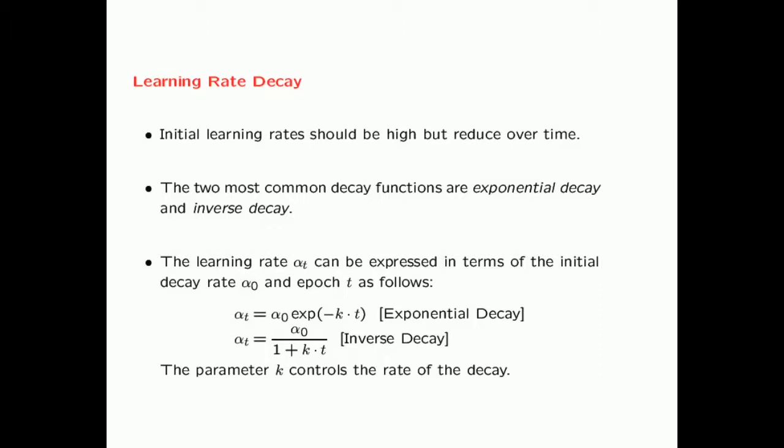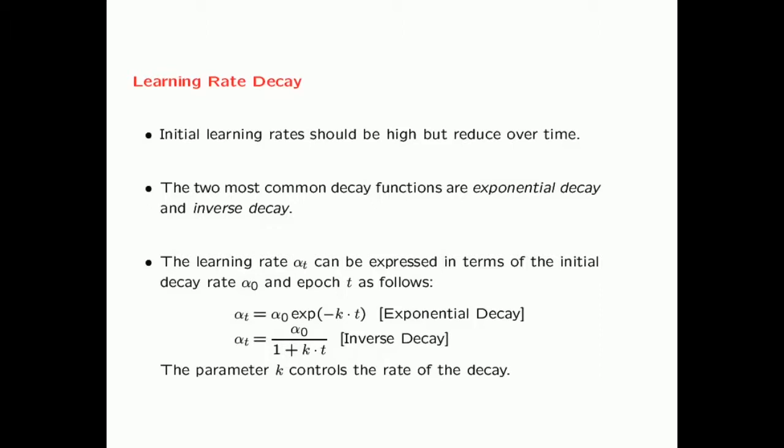Both of these ways of decay use a parameter k to control the rate of decay. In the exponential decay, alpha t, the learning rate at time t, is defined by an initial learning rate alpha 0 multiplied by the exponentiation of minus kt. In the inverse decay, alpha t is defined by alpha 0 divided by 1 plus kt.